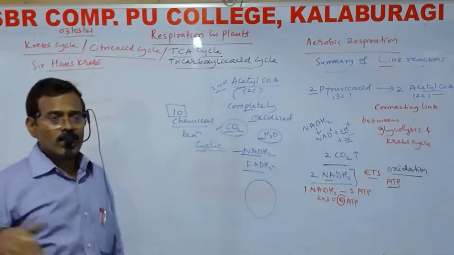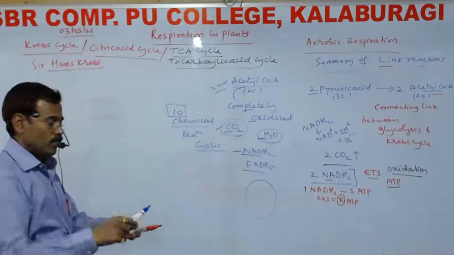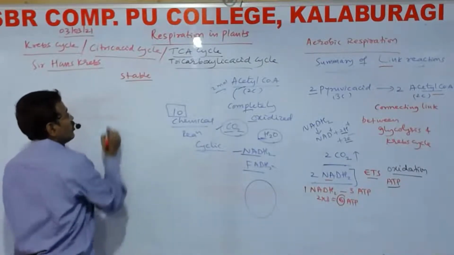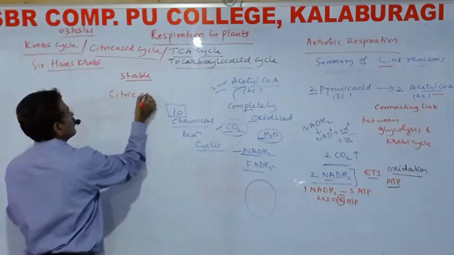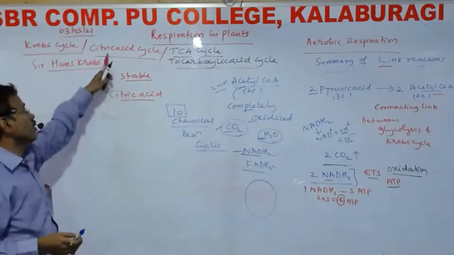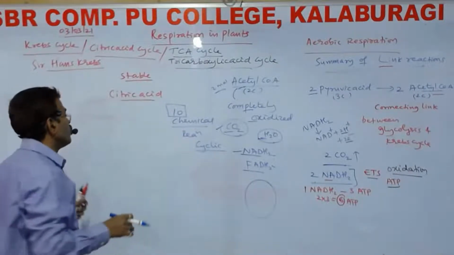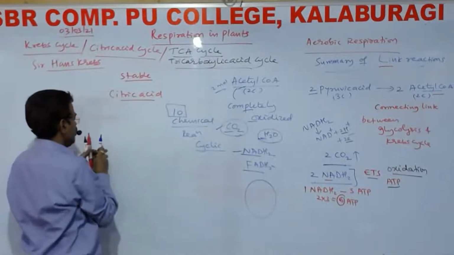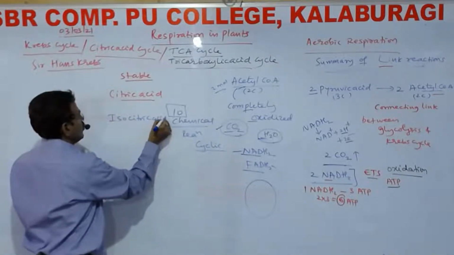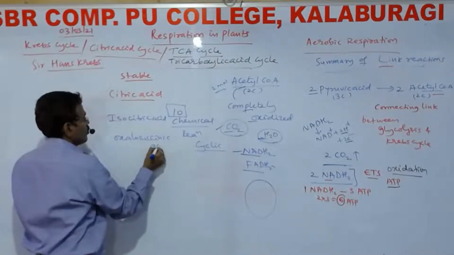During these chemical reactions which occur in a cycle, the first stable product formed is citric acid. That's why it is called the citric acid cycle. Then you have other acids like isocitric acid and oxalosuccinic acid.